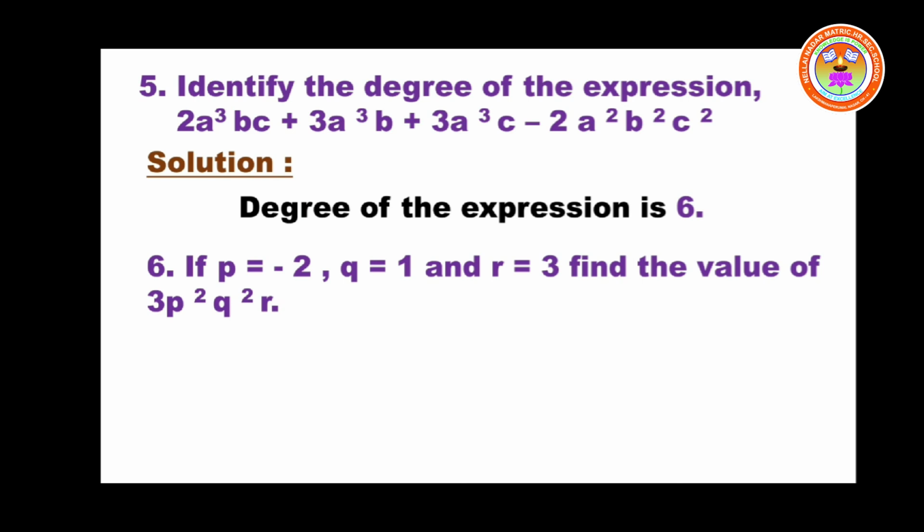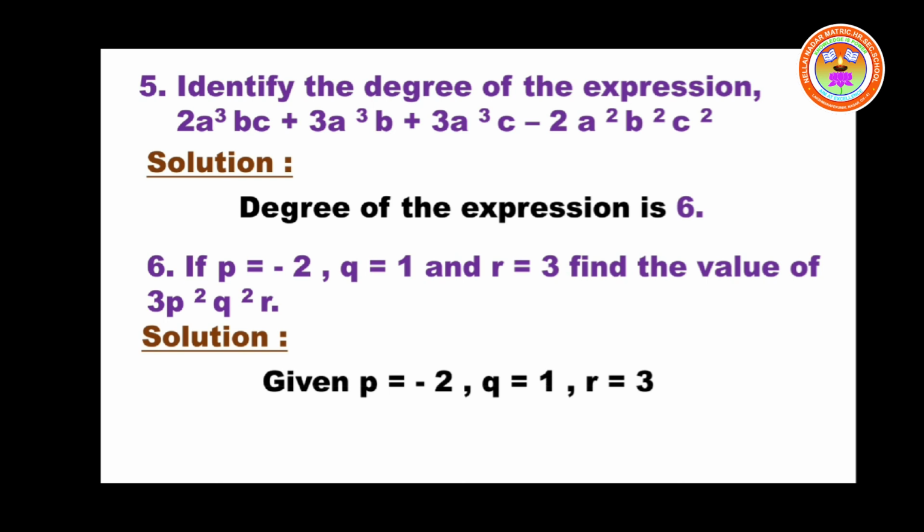That is, in the place of p minus 2, in the place of q 1 and in the place of r 3. You have to substitute and find the value. Now let us move on to the solution, children.